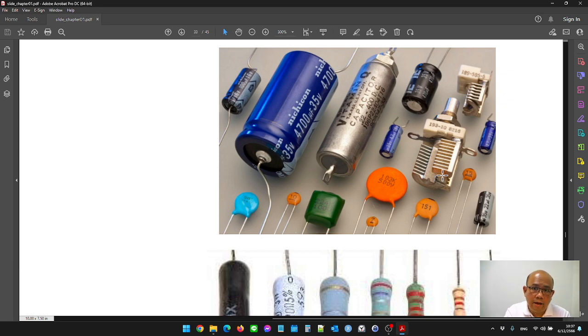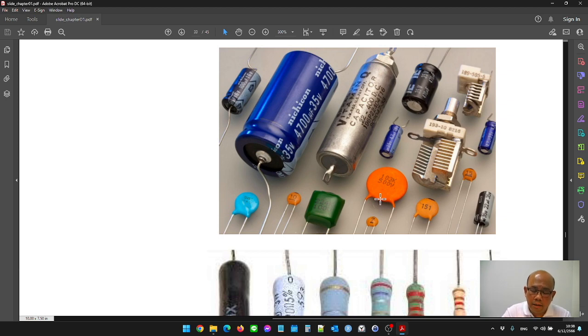Each capacitor has a value to indicate the capacitance, called the index. This one is 4700 microfarad, the capacity of this capacitor. This one is 103K, which is 10,000 picofarads. The 3 means you have 3 zeros.